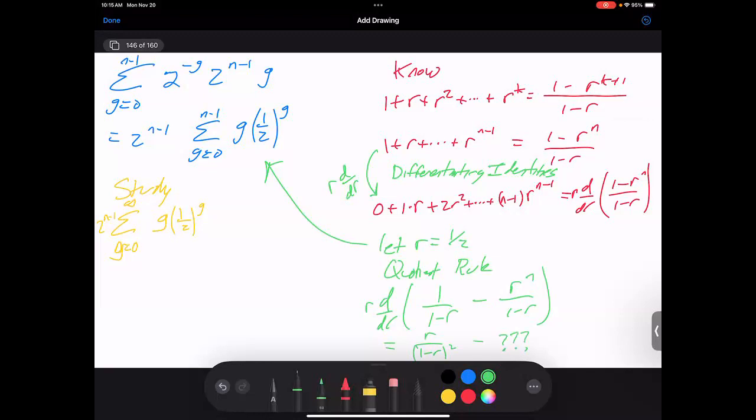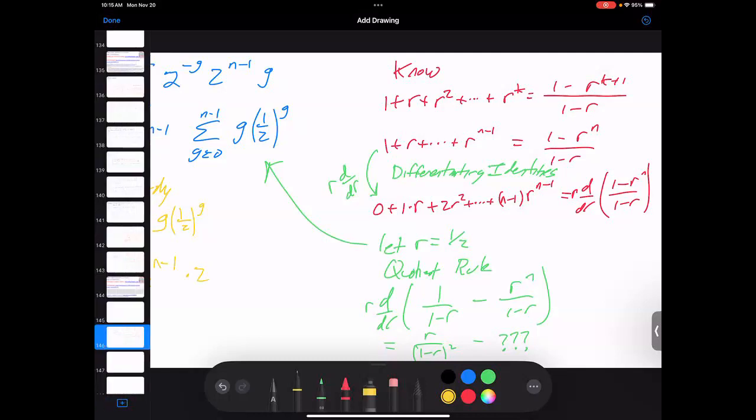And I don't really care what that something is. What value of r are we using? We're using 1/2. So this is 1/2 over 1 minus a half. So that's 1/2 divided by 1/4. That's just 2. So this sum would just equal 2 to the n minus 1 times 2.